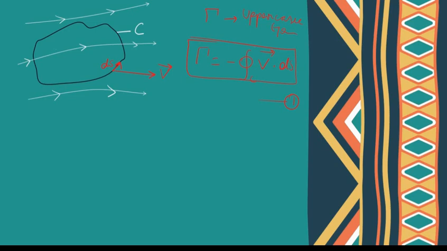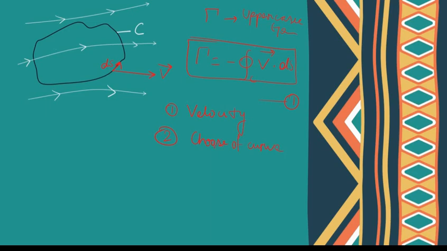Also, this circulation is a kinematic property and it depends on two things. What are those two things? One is the velocity of the field, and the other is the choice of curve, or whatever curve we choose, wherever we choose the curve.